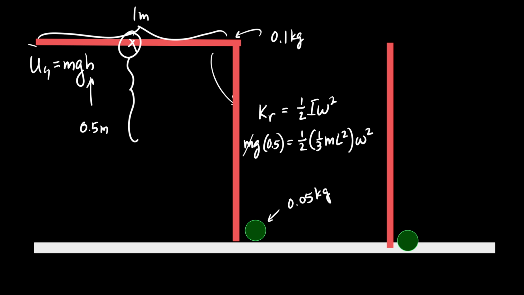So I think you can see right away the m's cancel out. So I really don't need the mass of that. I'll need it later, but I don't need it now. And this looks like it's going to be 0.5 times g, which is 5, right? Since g is 10.